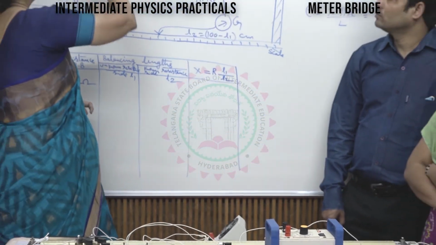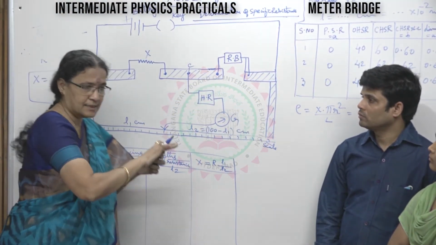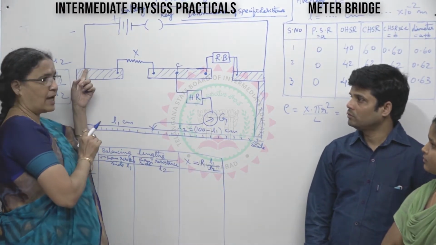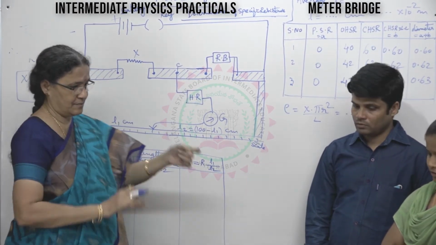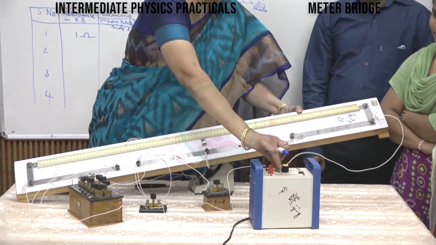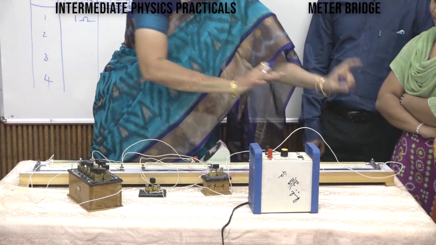So now what are the connections? Battery. The positive side of the battery, that means the red one, is connected to one end of meter bridge. This one. So from positive to one binding screw, one end of meter bridge.